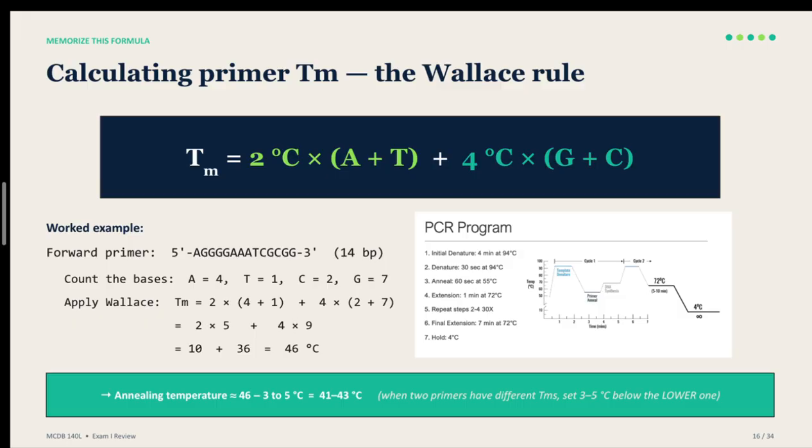And G and C have 3 hydrogen bonds versus adenine and thymine have 2 hydrogen bonds, right? So it kind of intuitively makes sense that guanine and cytosine would lead to a higher TM, just because a stronger connection means that you need more heat, more energy to break, to melt them apart. So essentially GC is harder to melt. More heat means higher TM.